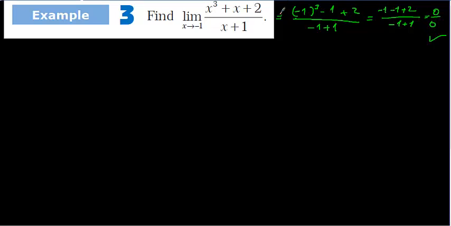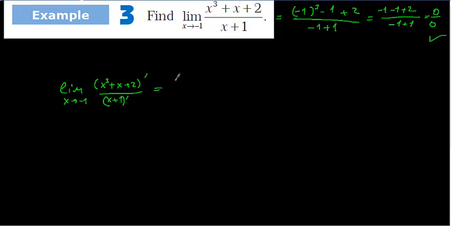After this step, I should apply the L'Hopital rule. L'Hopital rule says limit x tends to minus 1 of the derivative of x cubed plus x plus 2 over the derivative of x plus 1.